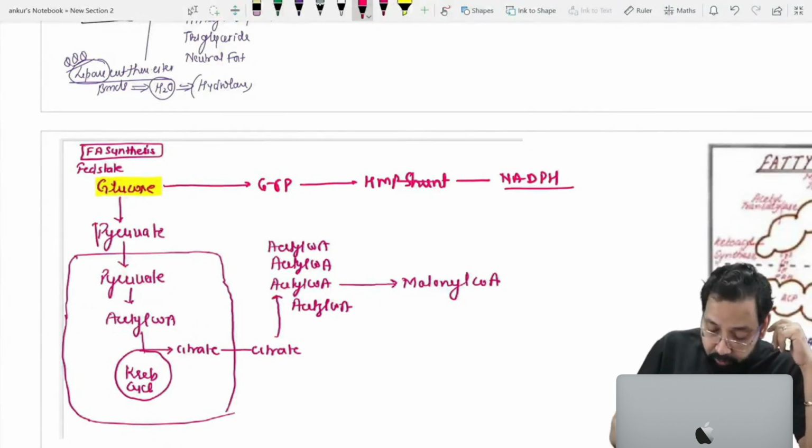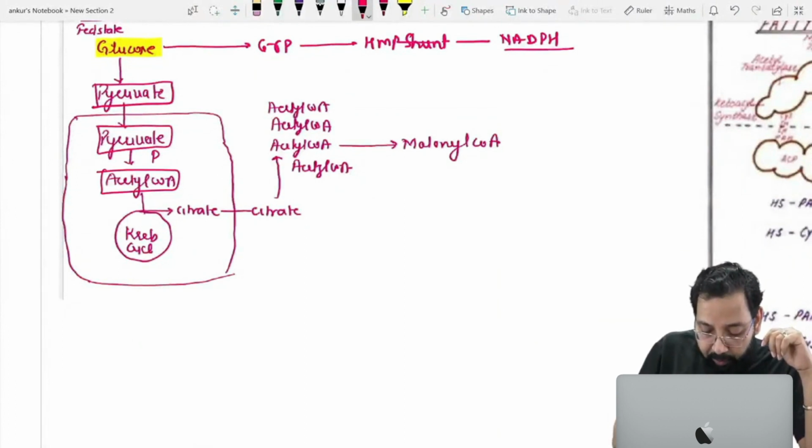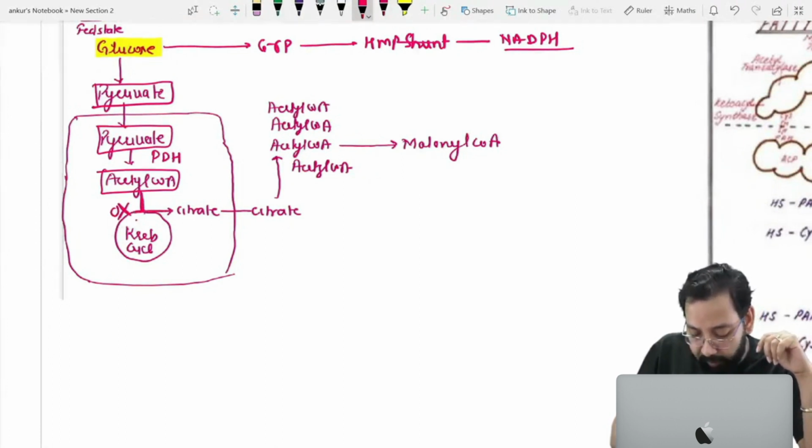This glucose is converted to pyruvate by glycolysis. Pyruvate enters the mitochondria and is converted to acetyl coenzyme A by pyruvate dehydrogenase. This acetyl coenzyme A binds with oxaloacetate to form citrate.